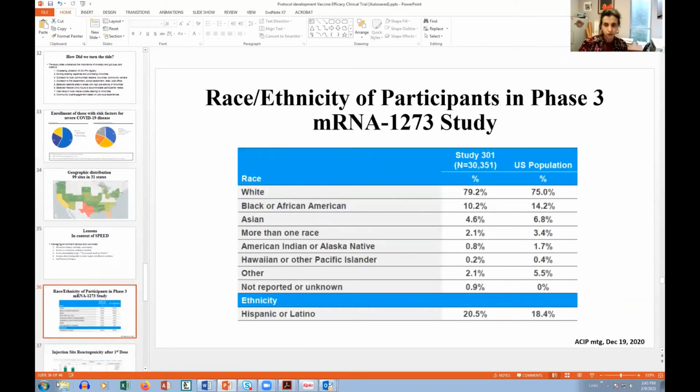So we enrolled a little over 30,000 at the end of the day. It was 79% white, but that includes also the 20% Latino, many of whom identify as white on the race questionnaire. 10% African American, 4% Asians, and more than one race, 2.1%. You can see that these numbers kind of mirror the US population.